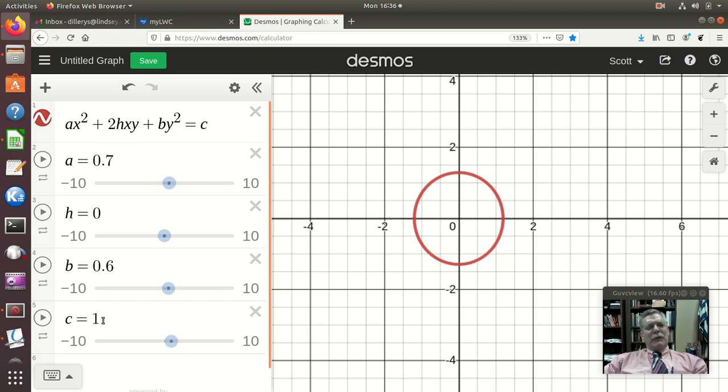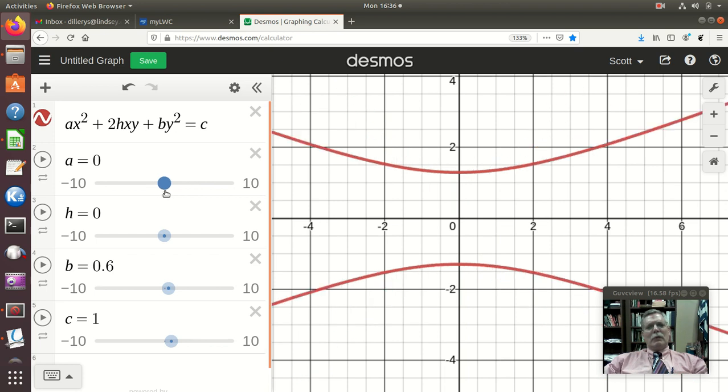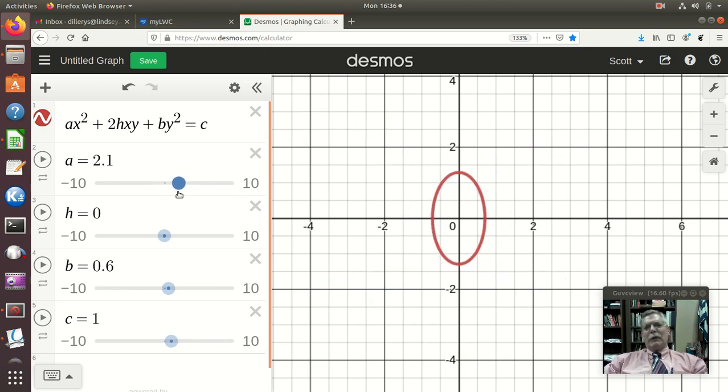I'm going to just keep c at 1 and h at 0 for the moment, and probably b at 0.6, just to show that if I start moving a here, then for some values of a we get this ellipse. Okay, so we see an ellipse with a major axis vertical here and the minor axis horizontal.